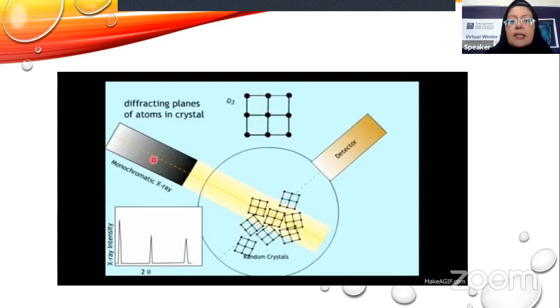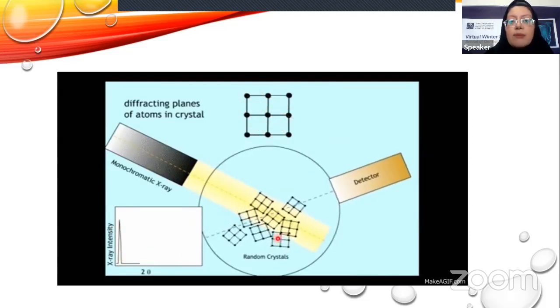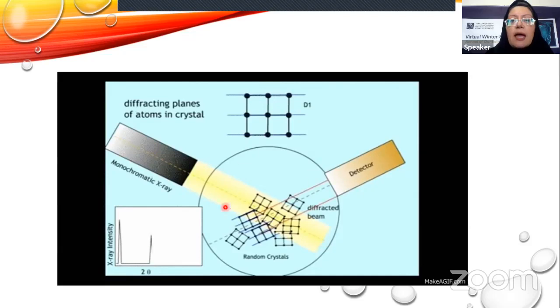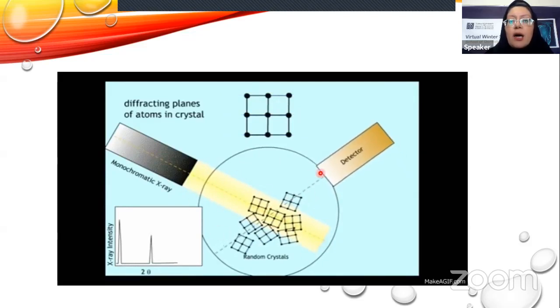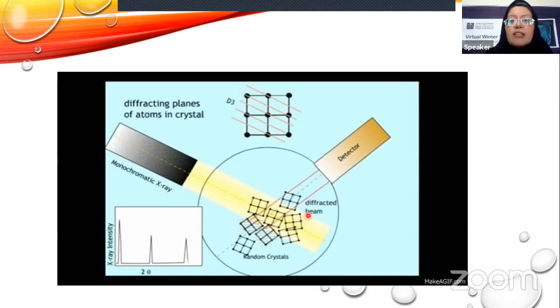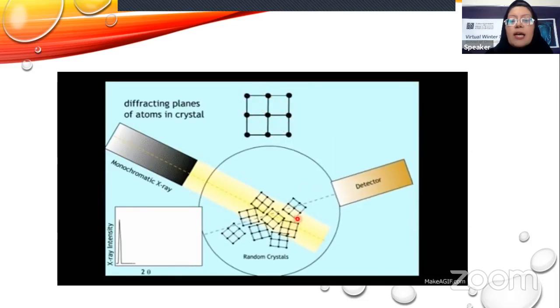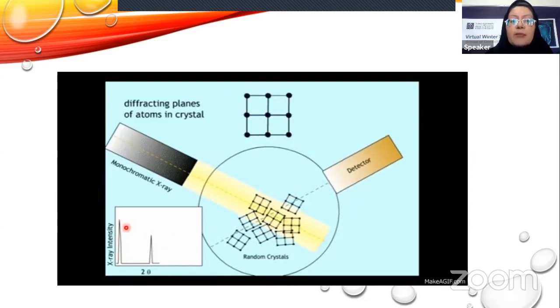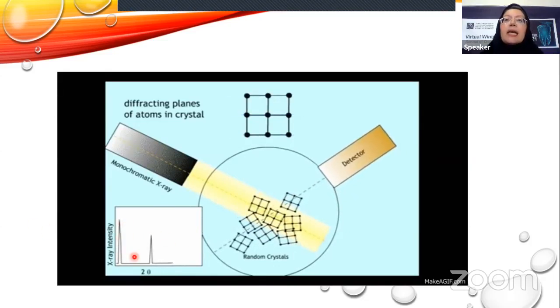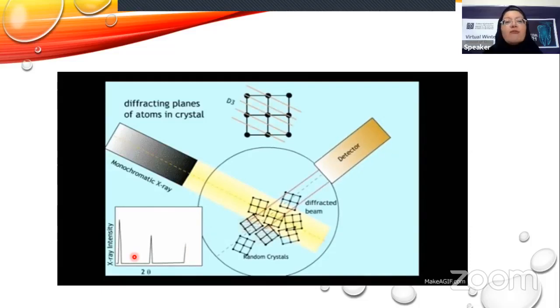Here we can see the X-ray is emitted to this sample, the sample rotates, and the X-ray is emitted to this rotated sample. The diffracted beam gives us a peak. This peak is a fingerprint for each material.